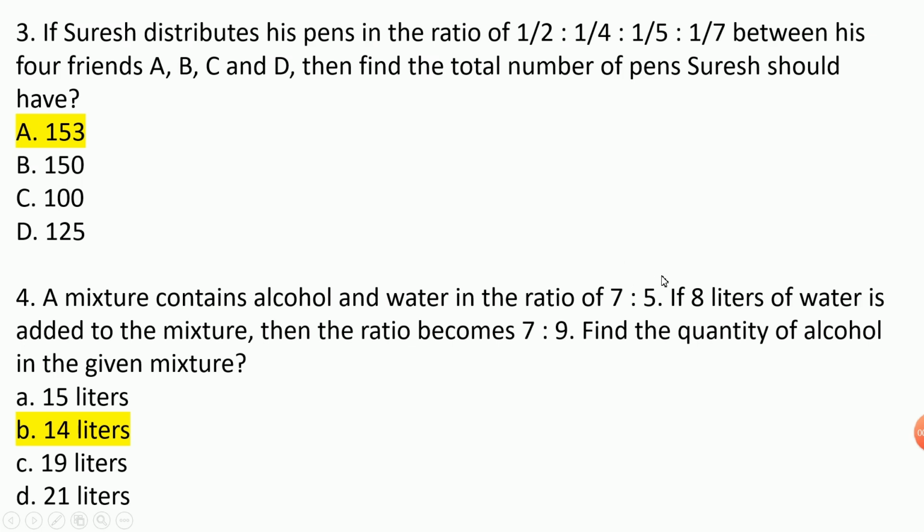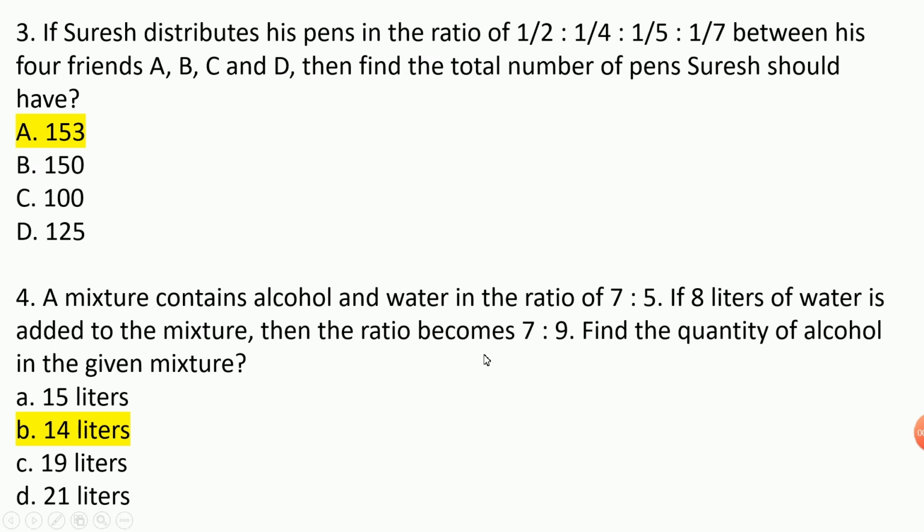So 14 liters and 10 liters make 24 liters. Now adding 8 liters, that would be 32 liters. So 32 is again split as 14 and 18. Like that only we have to calculate such problems. So keep that in mind. Try to simplify in a convenient manner to find the answer.